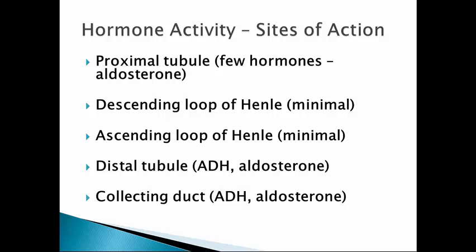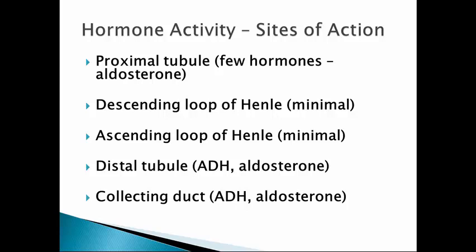In the descending loop of Henle, again, very little hormone activity because the descending loop of Henle is already physiologically permeable to water, but not a lot of sodium. In the ascending loop of Henle, again, not a lot of hormone activity, but physiologically the cells are more permeable both to sodium and chloride, but not so much to water.